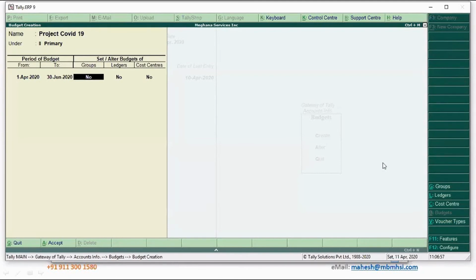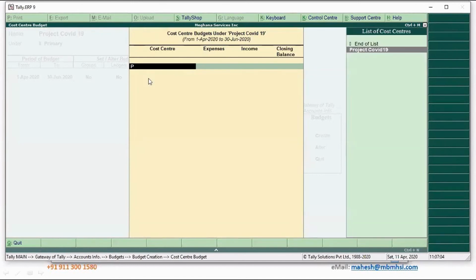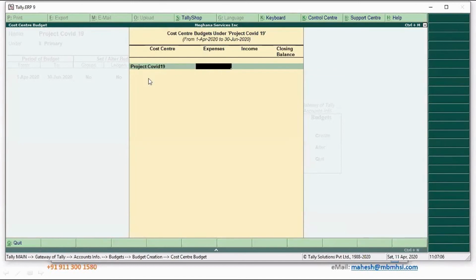I'll first go to cost center against project COVID. What is the total expense I'm looking at, irrespective of the head of the expense? Say I need to manage this project within 1 lakh rupees.